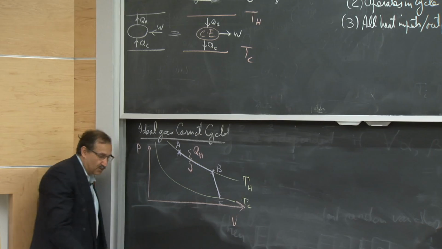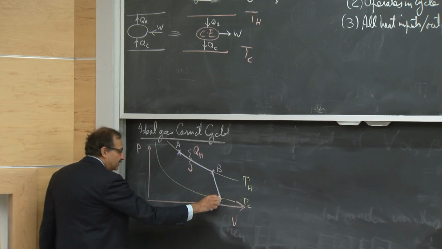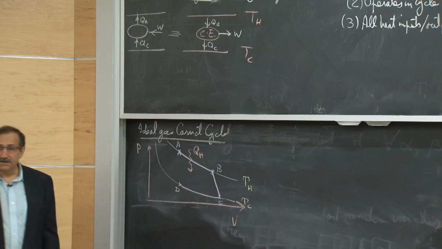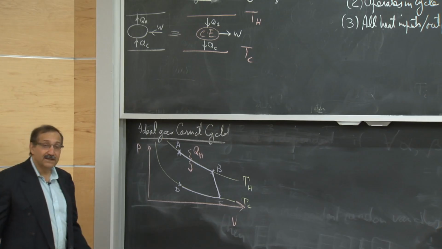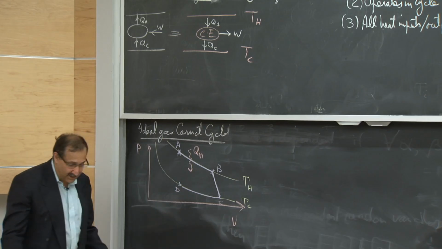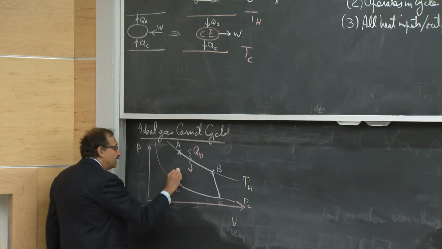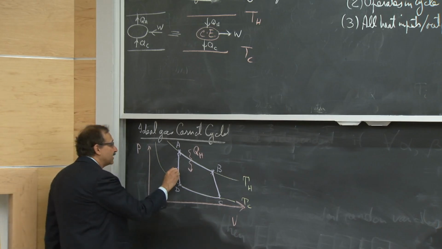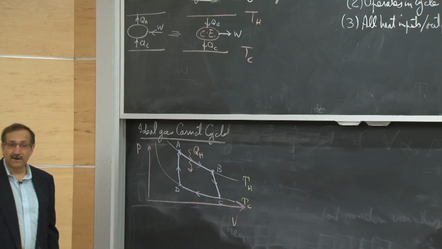Once I'm in the colder bath, then I can expand my gas up to some point D. And clearly, I have to choose this point D sufficiently precisely so that then when I take my gas from the cool to the original hot position, I end up at precisely the location that I started so that I have completed the cycle.